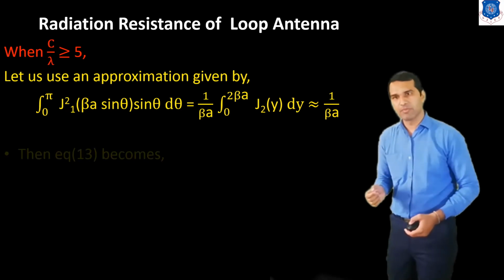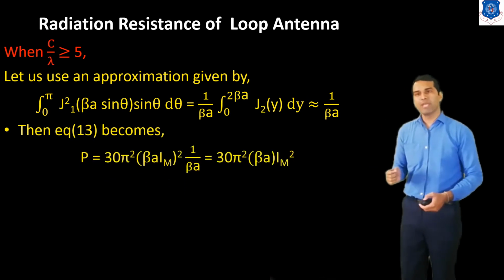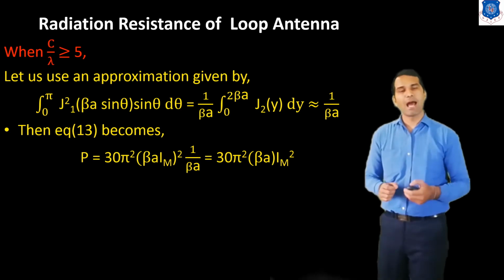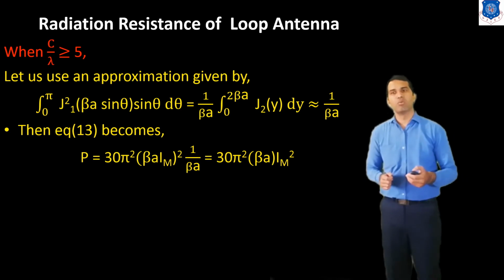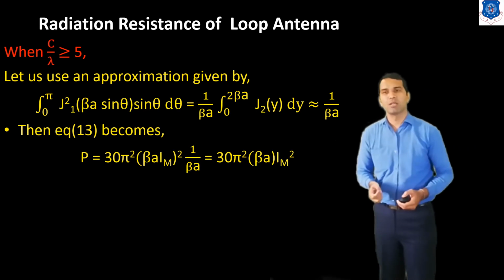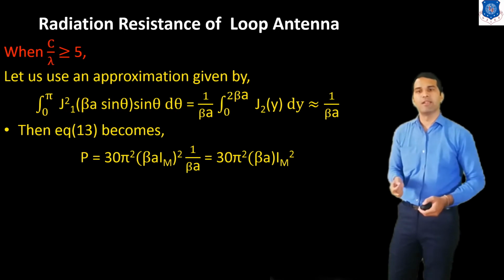So equation number 13 becomes P is equal to 30 pi square beta a Im square into 1 upon beta a. When we solve this, we get P is equal to 30 pi square beta a into Im square.